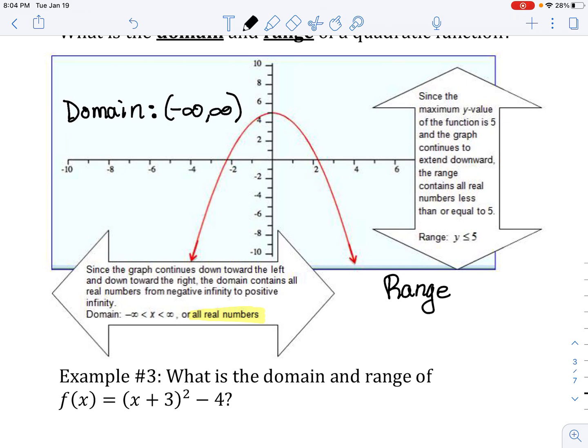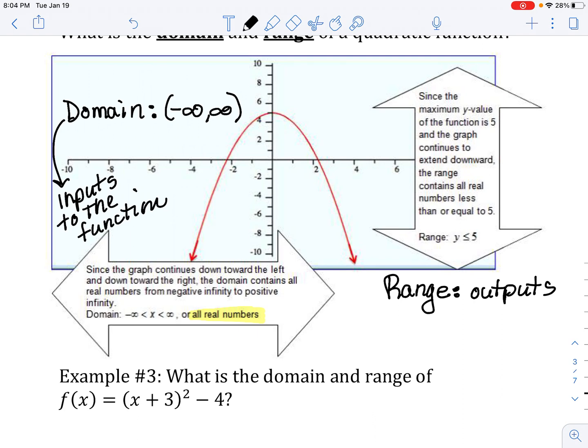The range. The range is the set of outputs. So domain, those are your inputs to the function. The range is your outputs. What values of y come out? Domain is also your x values, so I'll put that above it, and your range are your y values.